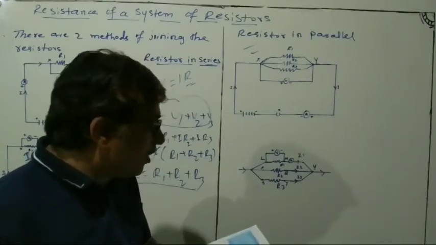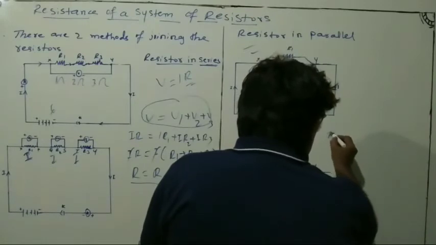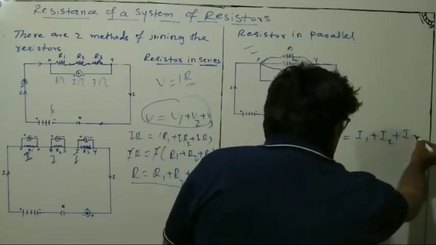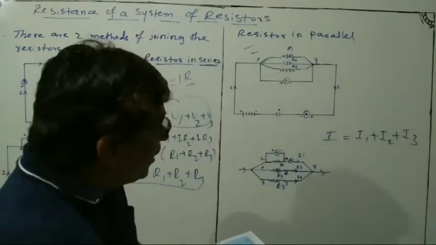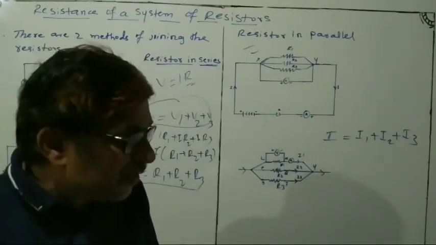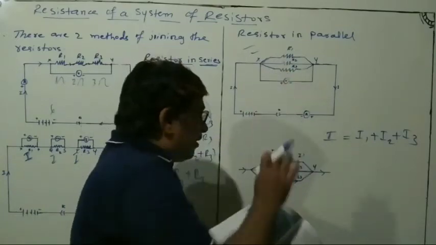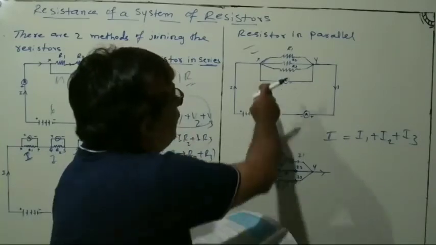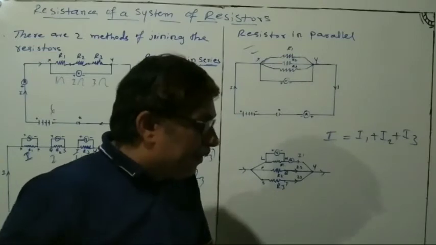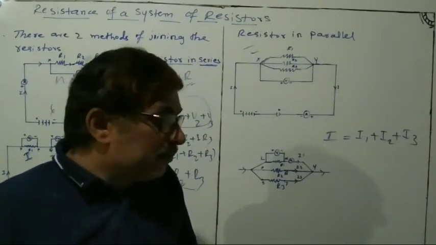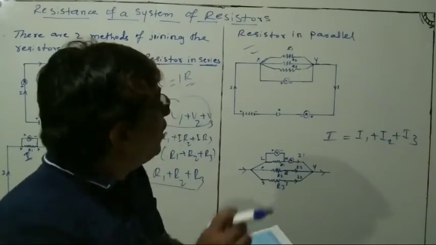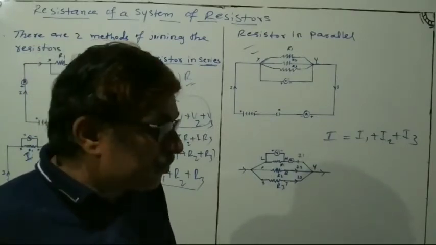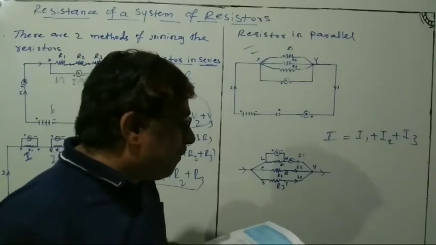So here I is equal to I1 plus I2 plus I3. The three resistance values are different, but the potential difference will be the same. The current flowing through the three different resistors will be different, but the potential difference will be the same.